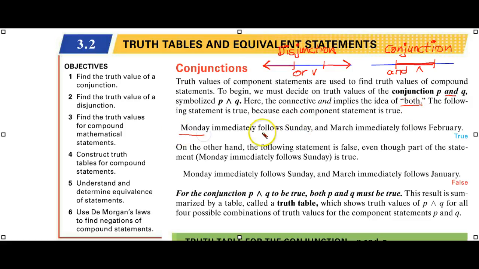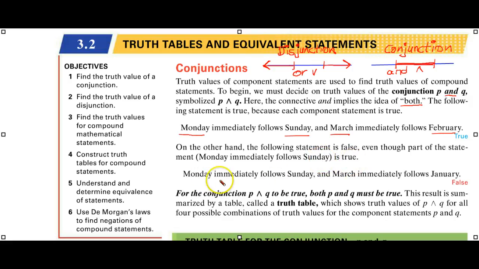Monday immediately follows Sunday. That is a true statement. March immediately follows February. That is a true statement. On the other hand, the following statement is false, even though part of the statement, Monday immediately follows Sunday, is true.